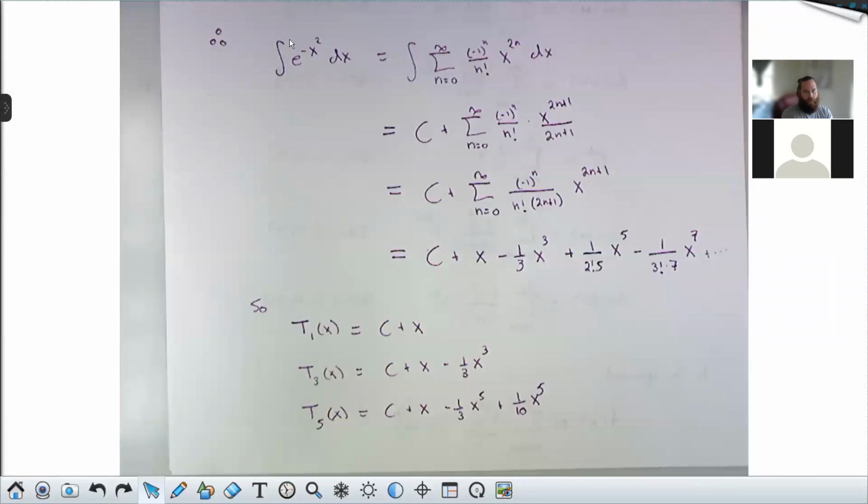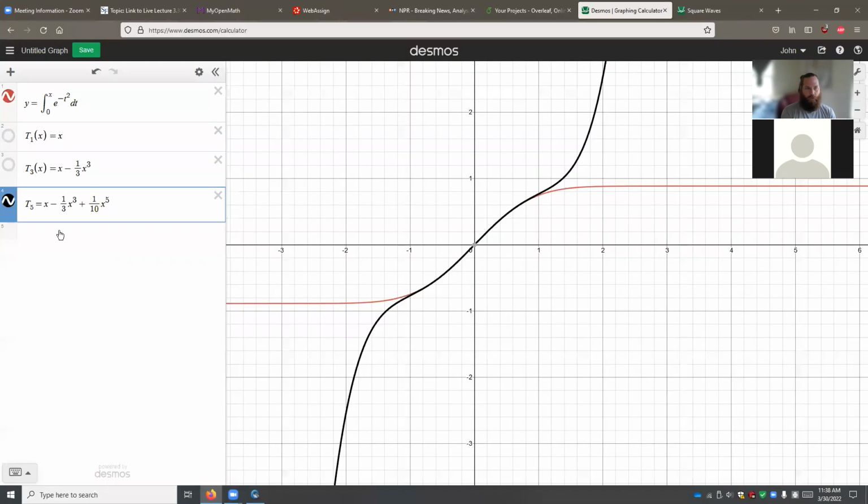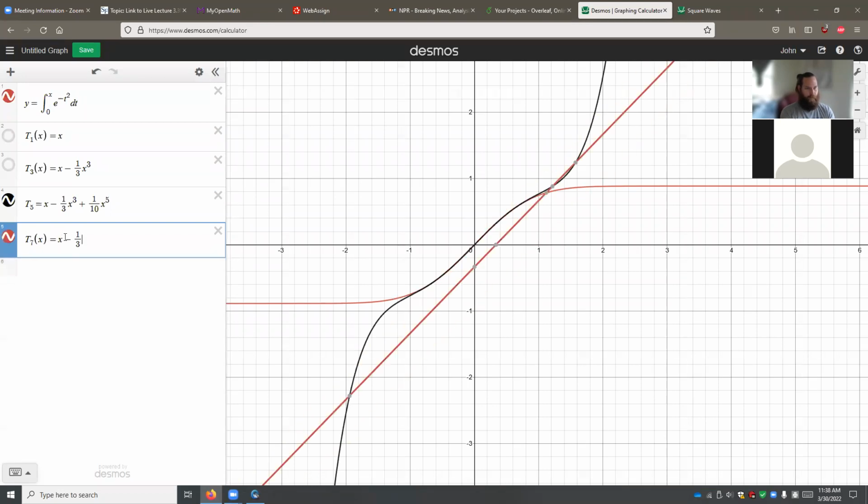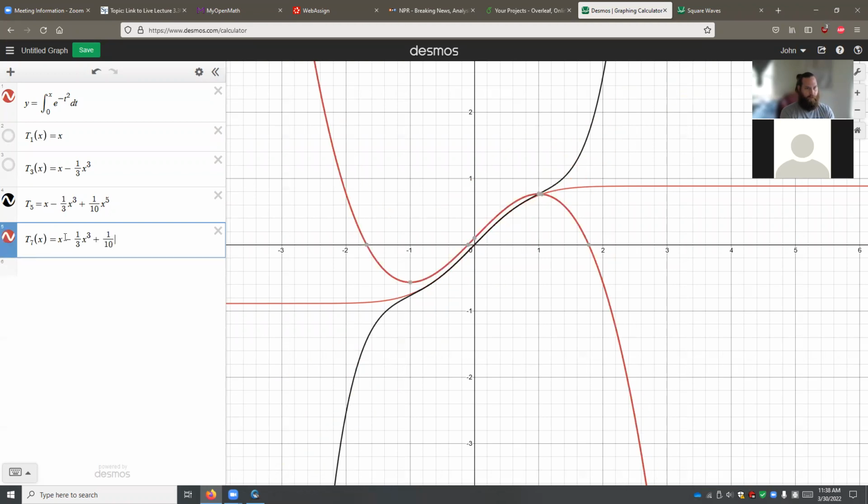If you use enough terms, because the interval of convergence for this series is all real numbers, right? We started with the series for e to the u, which has an interval of convergence of all real numbers, and none of the stuff we did here is going to change that. So if you were to give yourself a lot of terms, like we can throw T7 in here. And then T7 would be 1/3 factorial, 6 times 7 is 42.